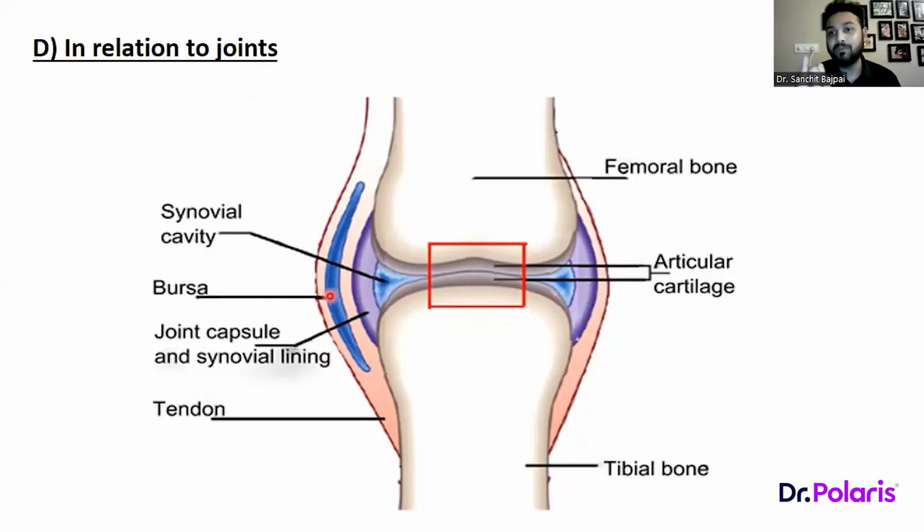It is forming synovial membrane. It is forming joint fibrous capsule of the joint. It is also forming something called as bursa. Correct? So these are the three important things that the deep fascia is basically forming in relation to the joints or the synovial joints. Now, why is it important? Because this particular synovial variety of joint is reducing the friction between two articular surfaces. That is why it is important, right?